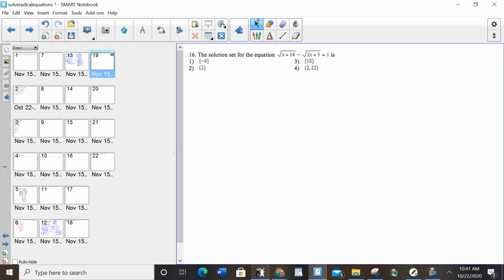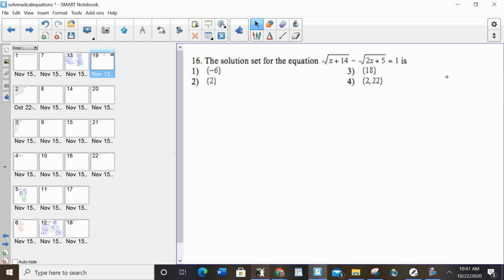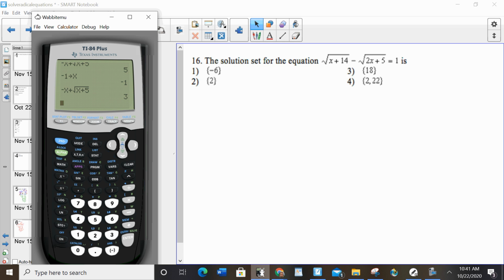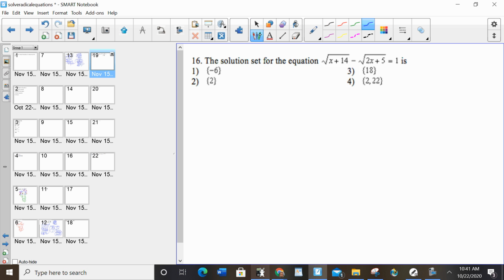What I would do for number 16 is a multiple choice strategy, which is just substituting each potential answer in and seeing what works. So why not? Let's talk about that now. I was going to talk about that this quarter anyway. You know what? Nah, I'll save it for another time. I wouldn't do number 16. It gets real nasty doing it by hand, so I would just say cross it out.